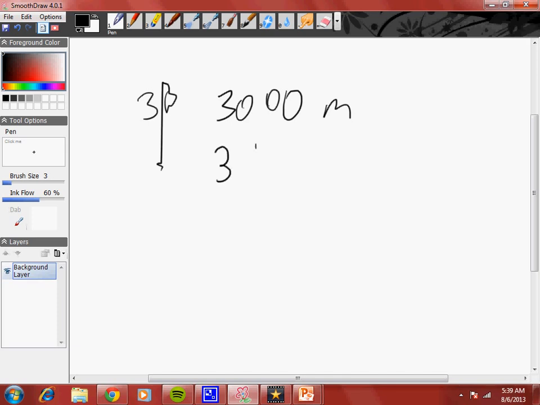Now this one you've dealt with before. You probably heard of kilometers. This is 3 kilometers because kilo implies 10 to the 3, which is 3 times 1,000, and 3 times 1,000 is 3,000 meters.